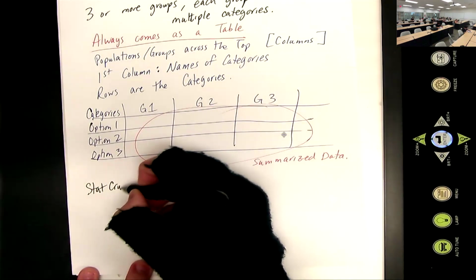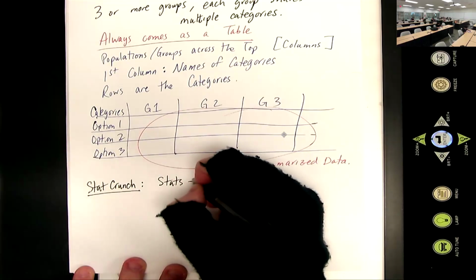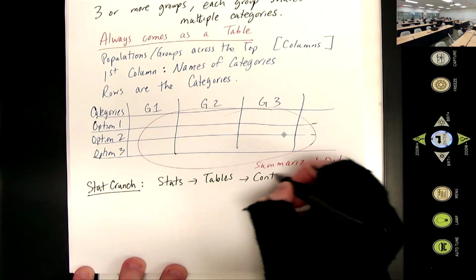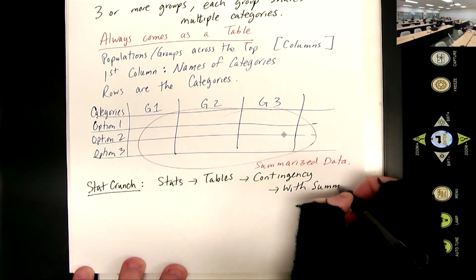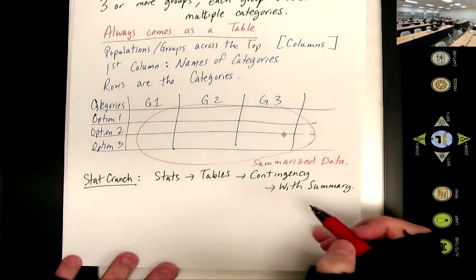In StatCrunch, the approach we take is, since it's a table, we say Stats, Tables, Contingency, and then With Summary. When you do that, a box pops up.